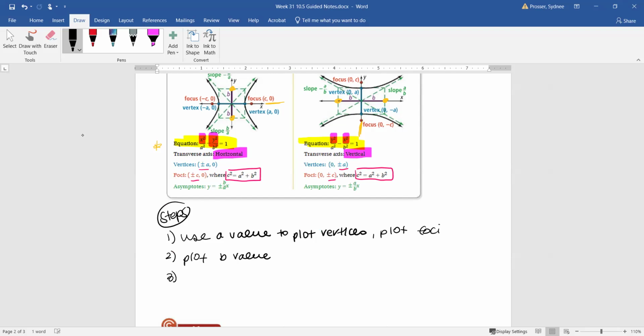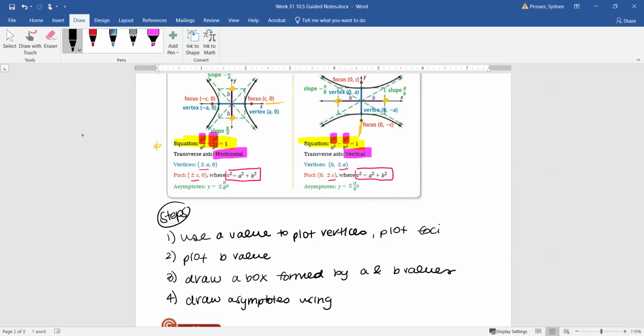Our third step is to draw the box formed by a and b values. And then your fourth step is to draw the asymptotes using the diagonals from the box. And then you can draw your branches.